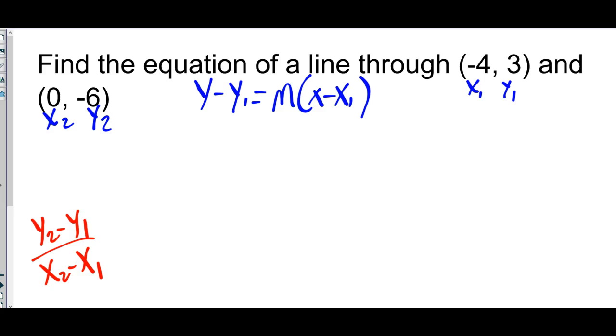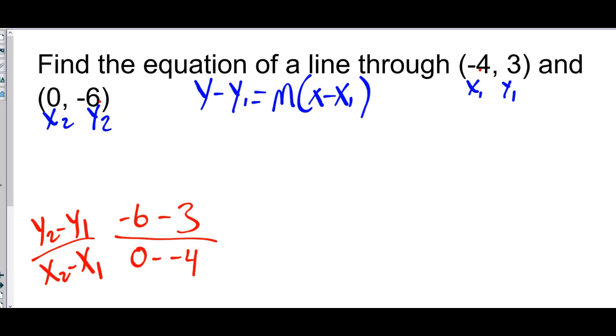So you plug in all four numbers. 3 minus negative 6 over negative 4. Nope. Hang on. I'm doing that backwards. It would still work going backwards, but I want to match up with the labels I used. Negative 6 minus 3 over 0 minus negative 4.